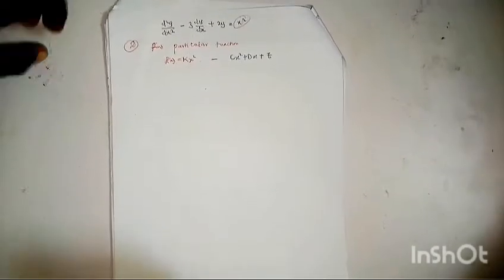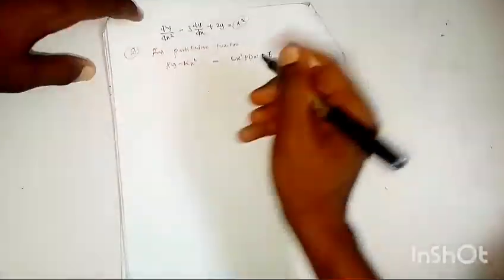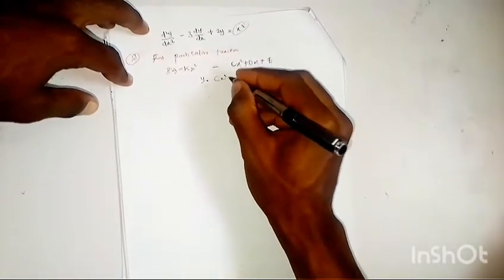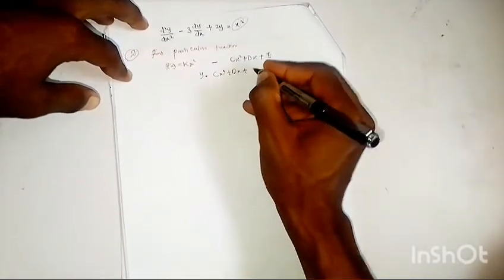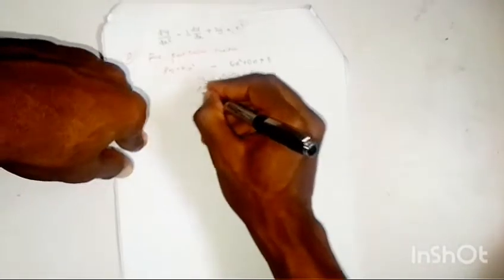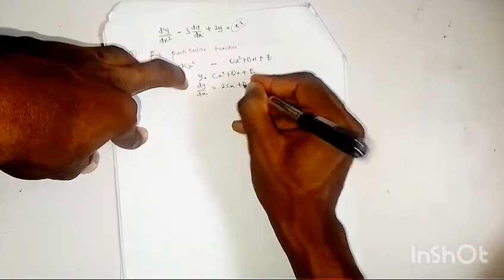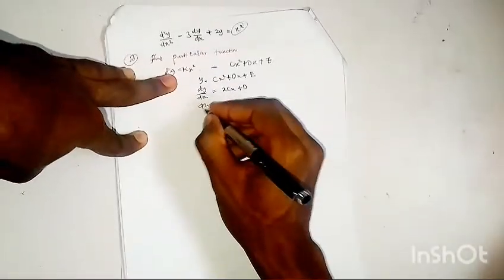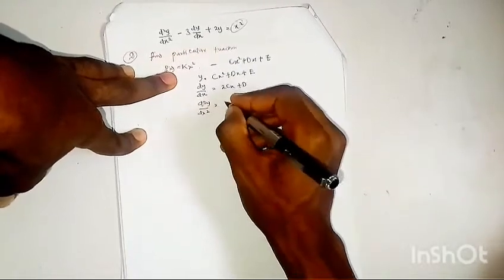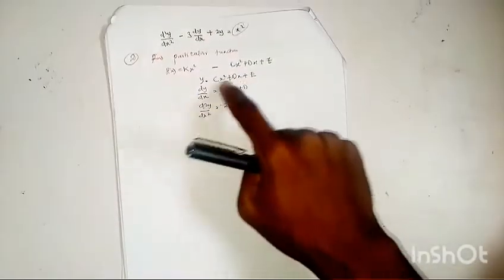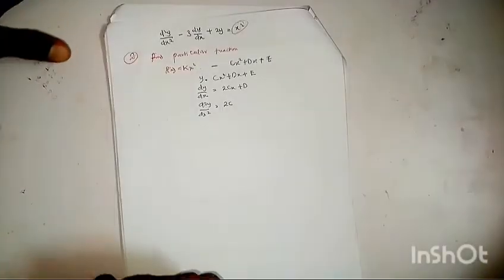So now let's proceed. Take y to equal cx squared plus dx plus e, right? Then dy dx will give me 2cx plus d, and d squared y dx squared will give me 2c. Now I'm going to substitute all these values into the equation given.